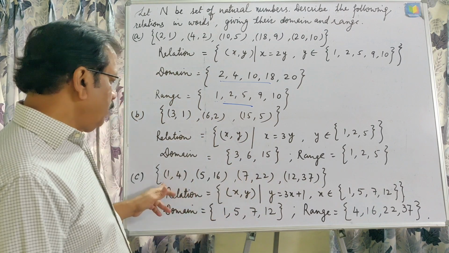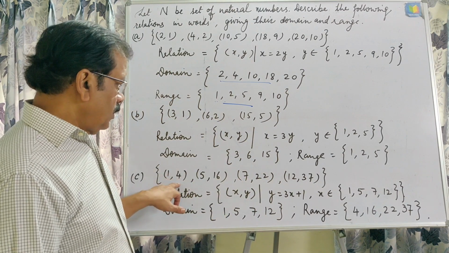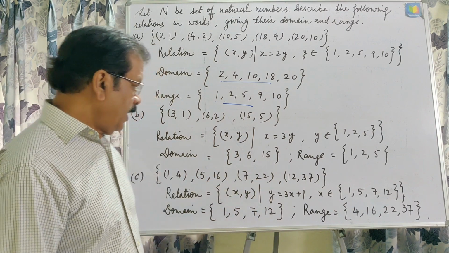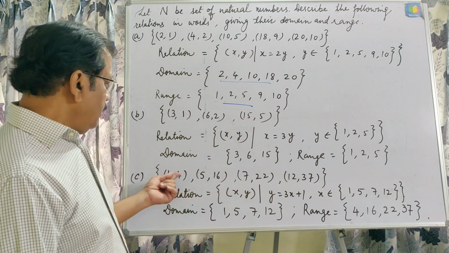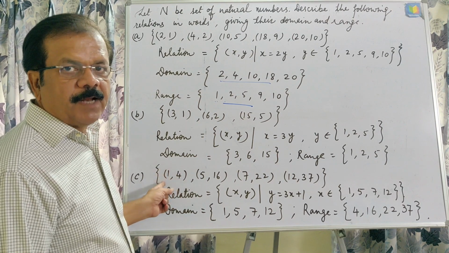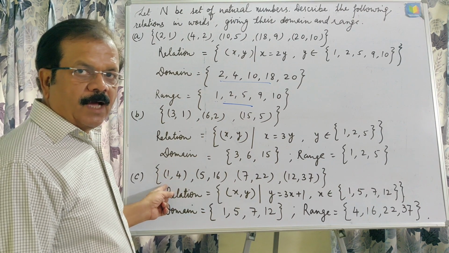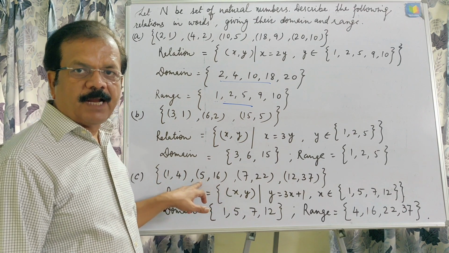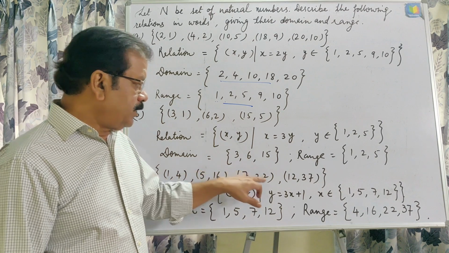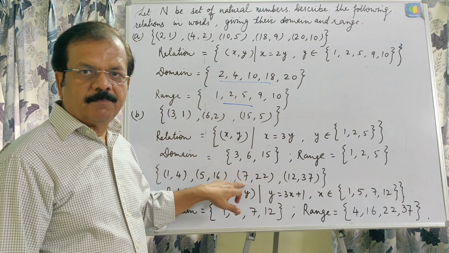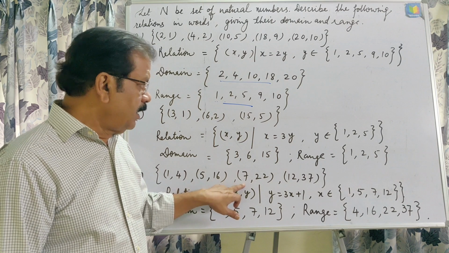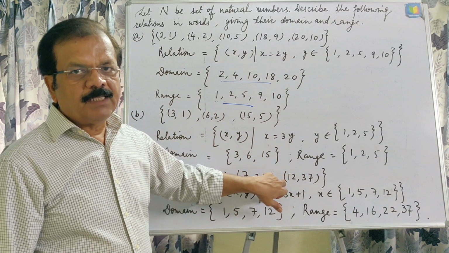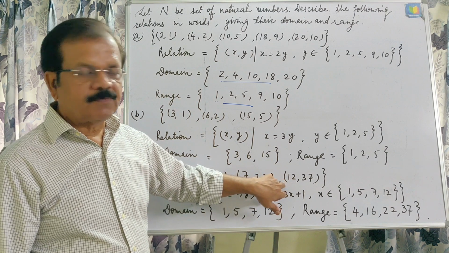In the same way, third one, (1, 4), (5, 16), (7, 22) and (12, 37). In this we can see that 4 is equal to 3 multiplied by 1 plus 1. In the same way here, 16 is equal to 5 multiplied by 3 plus 1. 22 is equal to 7 multiplied by 3 plus 1, this will be 21 plus 1. In the same way here, 37 is equal to 12 multiplied by 3 plus 1, meaning 36 plus 1.